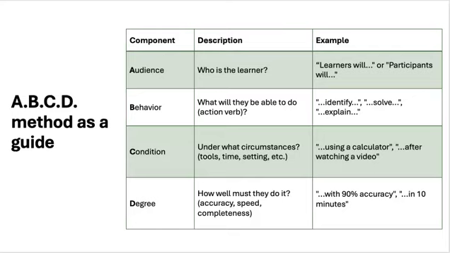So the examples here in this chart are using a calculator or after watching a video. Sometimes you might also have a degree. That's letter D. So how well must they do that? With a certain percentage of accuracy, for example, that might be where you have a degree. Or a number of minutes, for example.